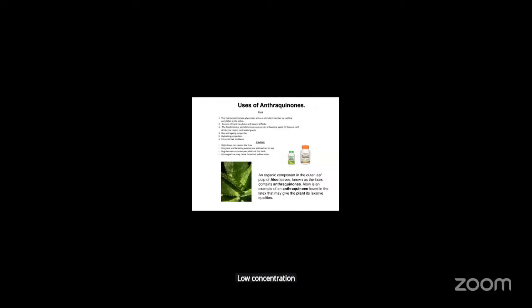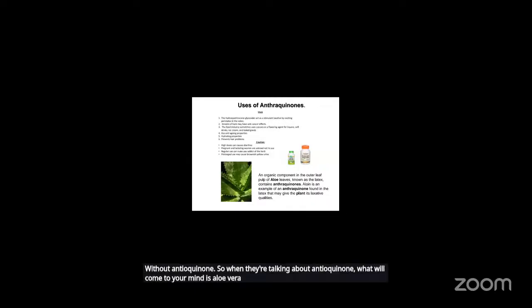But the presence of anthraquinone makes aloe vera very useful in the skincare industry. It has anti-aging properties and is also good for hair. So you should know at least one or two uses of aloe vera. When they're talking about anthraquinone, what should come to your mind is aloe vera, because it's the most active component of aloe vera.